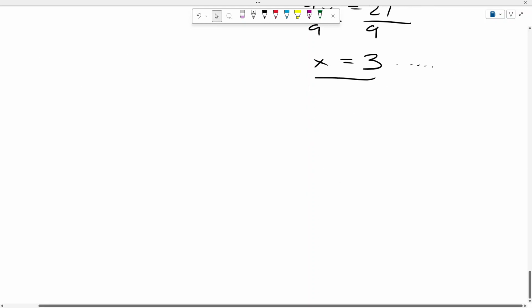And then the final one is what we would call an inconsistent. And that's an equation that is never true, regardless of what we put in.